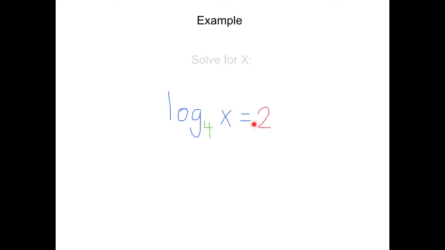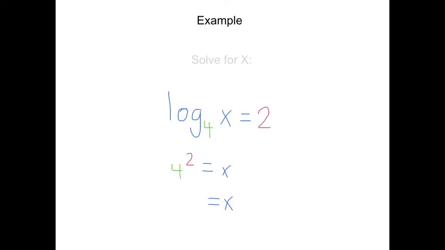In your head, you would think of this as 4 to the 2 gets you x, because we established earlier that they kind of flip-flop. The x and the 2 flip-flop when you compare the logarithm version to the exponential version.